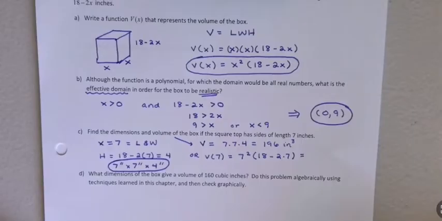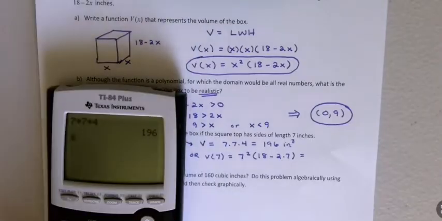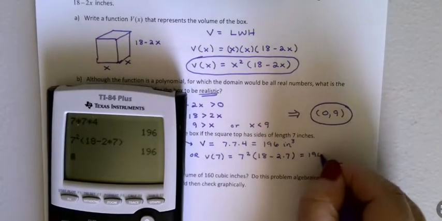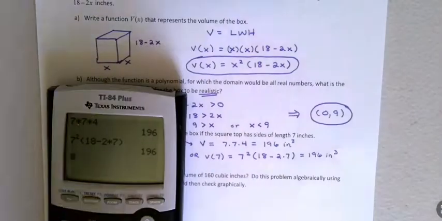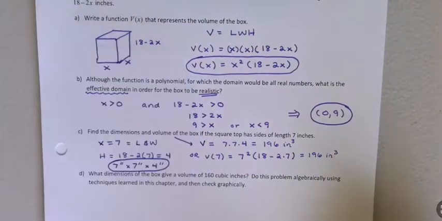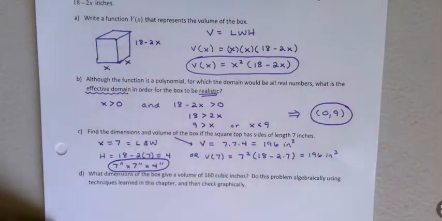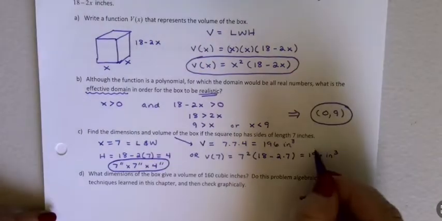And of course I'm expecting to get the 196 again, but let's just verify that. If I take 7 squared times 18 minus 2 times 7, of course I do get that 196 again. So once you know the dimensions, you can just multiply them together, or you can use your volume formula that you already developed. You'll get the same answer either way.